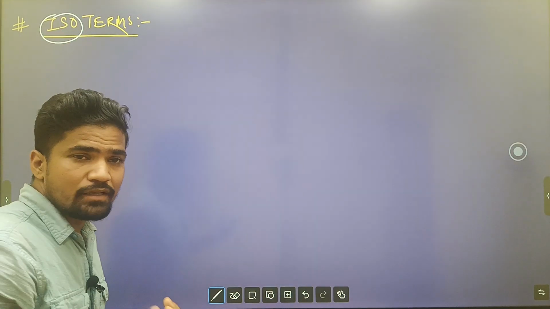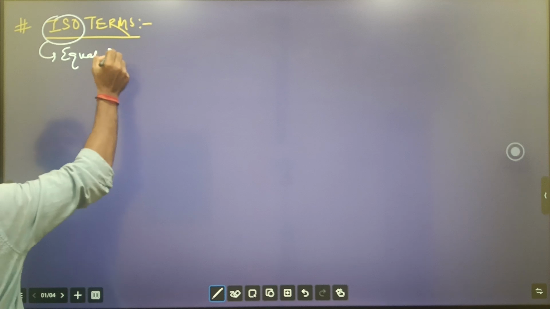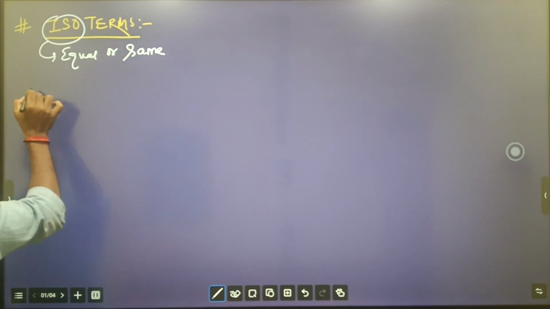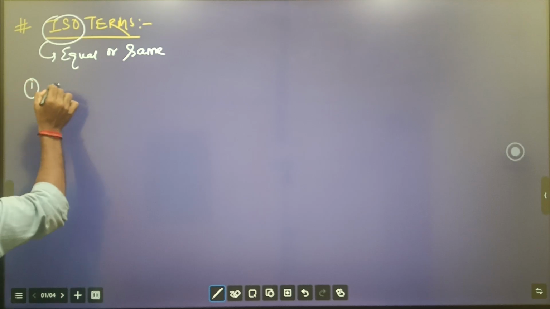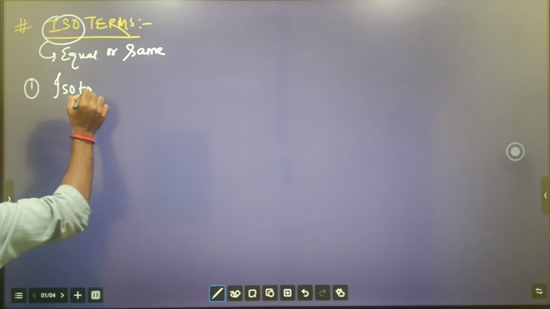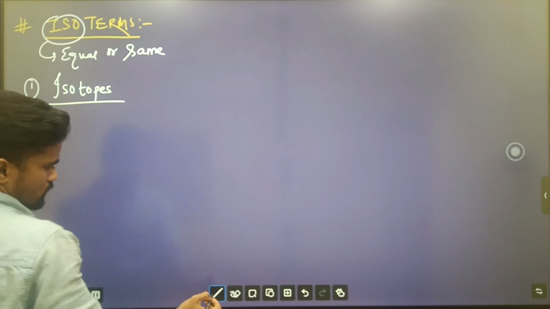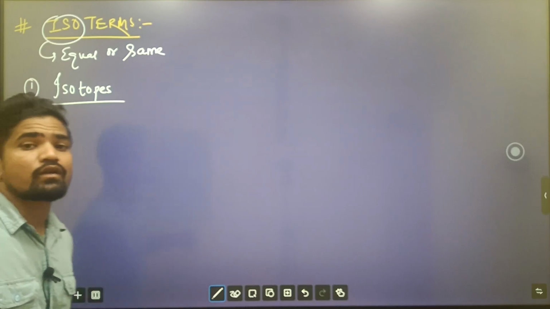Iso means equal, same. So what are the isotopes? First we will see isotopes. Iso means equal. So what will be equal?